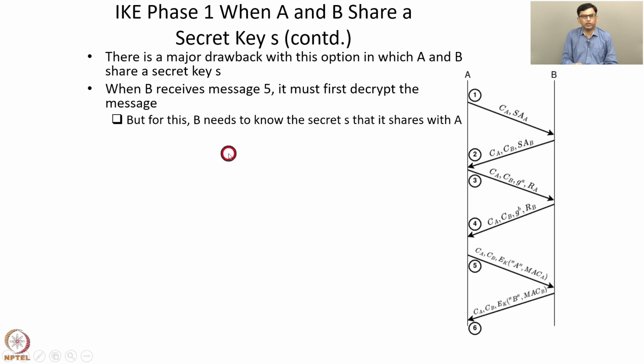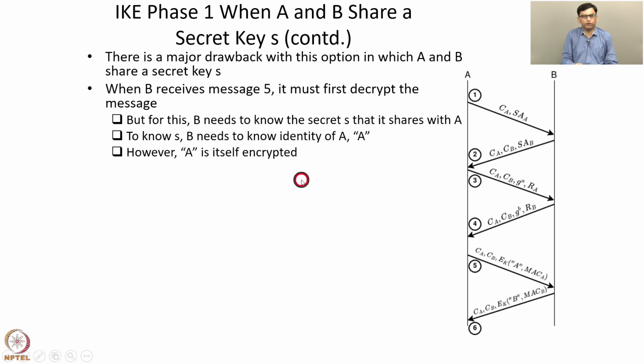But for decrypting the message, B needs to know the secret S that it shares with A. Now to know S, B clearly needs to know the identity of A, that is this A in quotes. But A is itself encrypted. So how does B know the identity of A? How does B know which secret key S to use for decrypting this message?